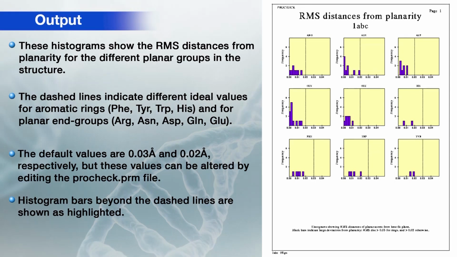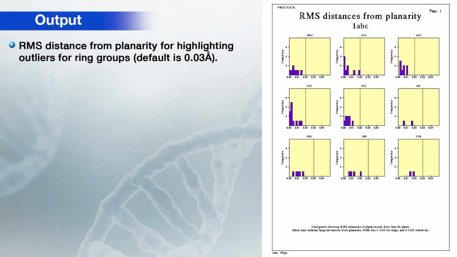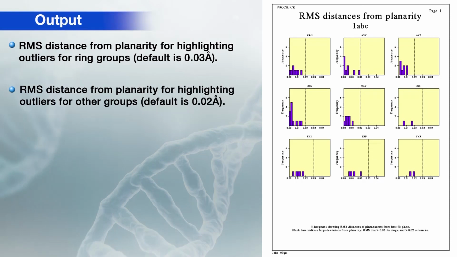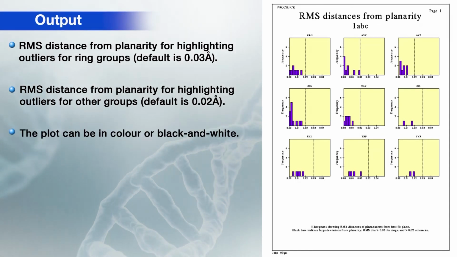The main options for the plot are RMS distance from planarity for highlighting outliers for ring groups, where the default RMSD is 0.03 angstrom, and RMS distance from planarity for highlighting outliers for other groups, where the default is 0.02 angstrom. On the basis of these defaults, the plot can be seen either in color or in black and white, which is reported in the right hand side graph as well.